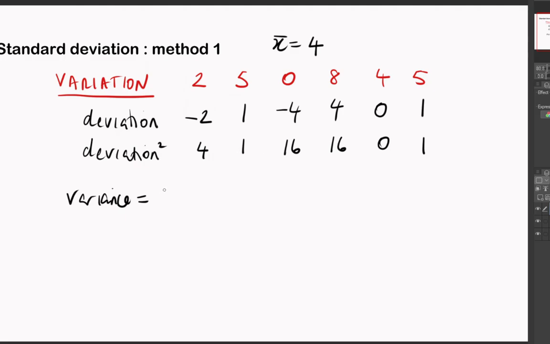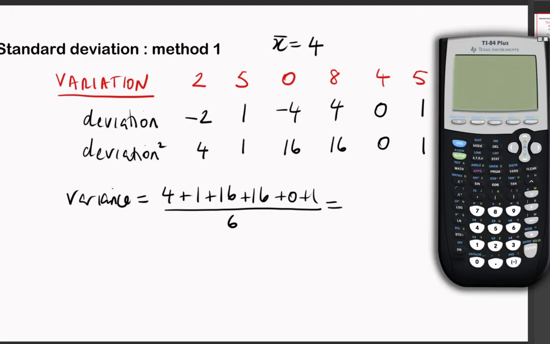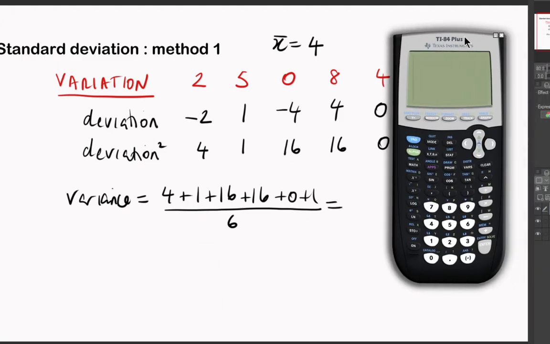So in other words, we're going to add all the deviations squared together and we are going to average them. So there are 6 numbers. So it's the average of the squares of the deviations. So I'll just work that out.